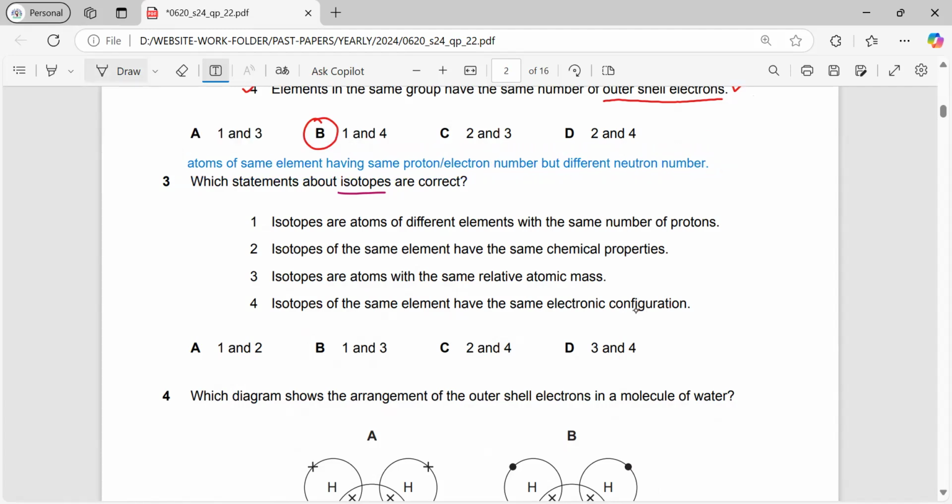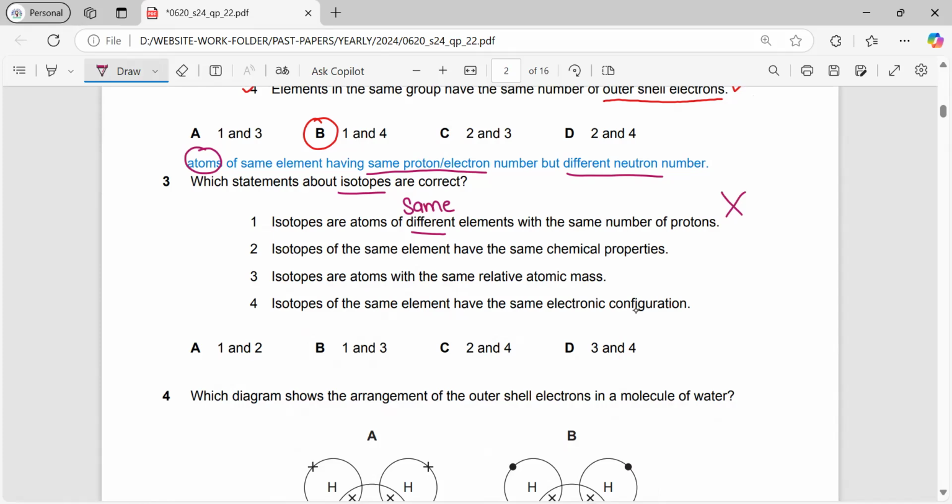So for the isotopes, their proton number or electron number is the same, but neutron number is different, and they are the atoms of the same element. Now, which statement is correct about them? Isotopes are atoms of different elements? No, they are the atoms of the same element.